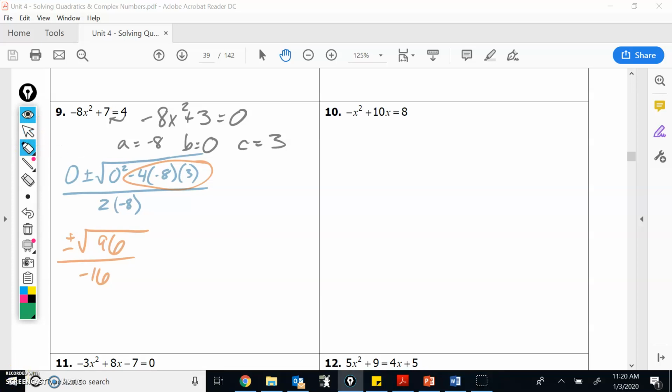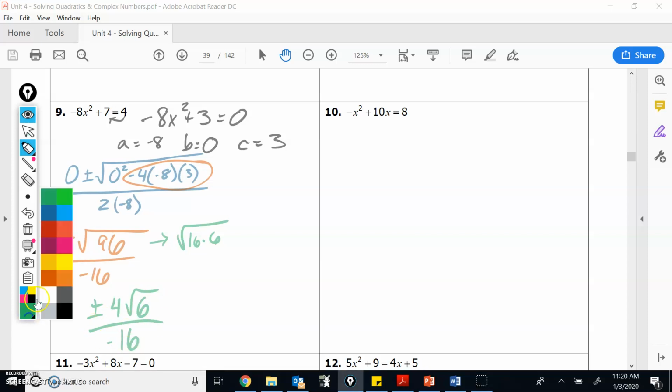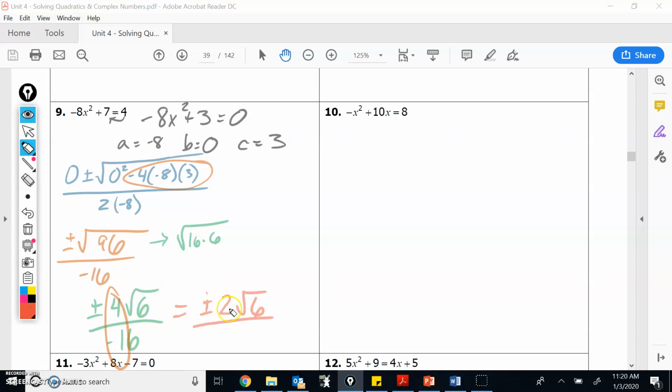Simplifying the square root of 96. 96 is actually 16 times 6. So we can simplify that to plus minus 4 square root 6 all over negative 16. These two numbers on the outside of the square root can be simplified. So dividing both by 2, we're going to write that as plus minus 2 square root 6 divided by, dividing the bottom by 2, you get negative 8.